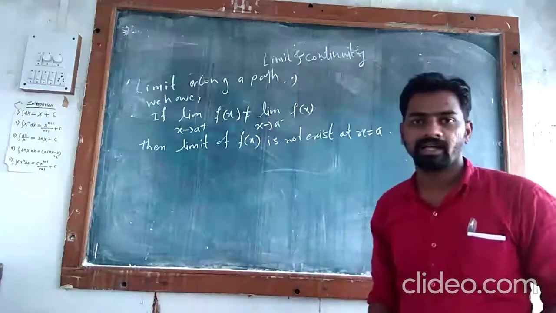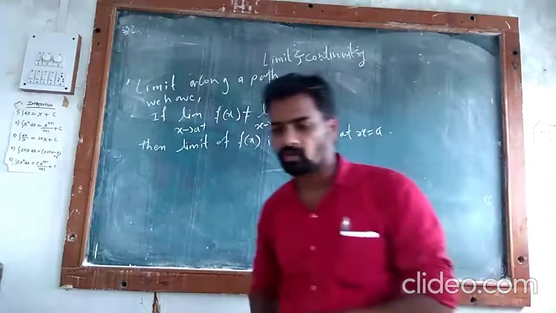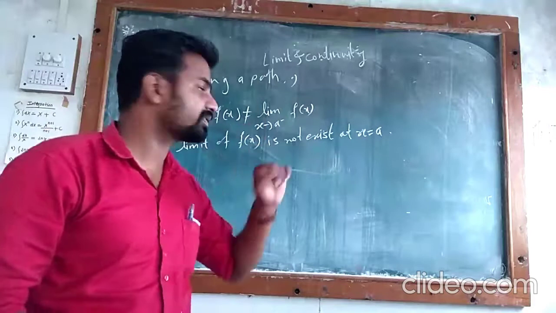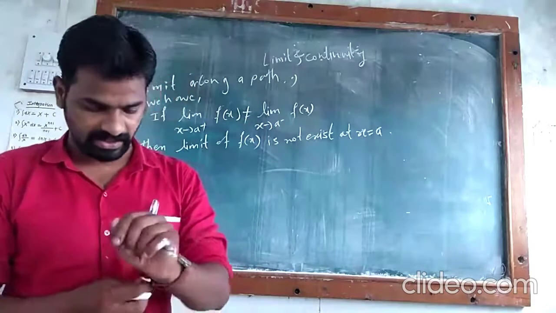It means that if the left hand limit is not equal to the right hand limit, then we say that the limit of f of x does not exist at x is equal to a.